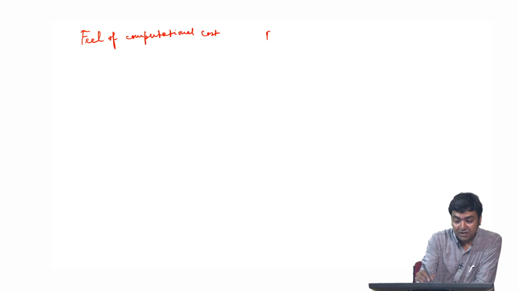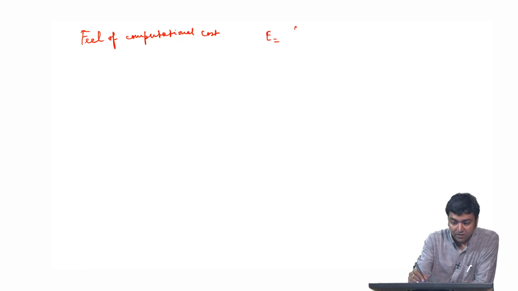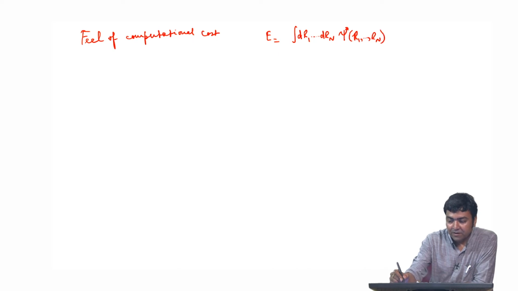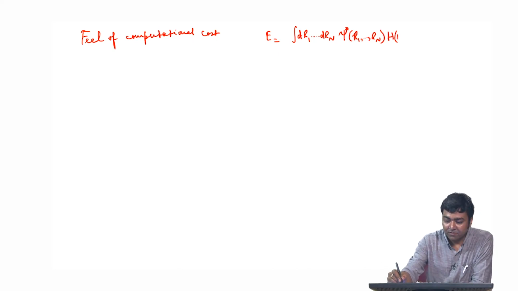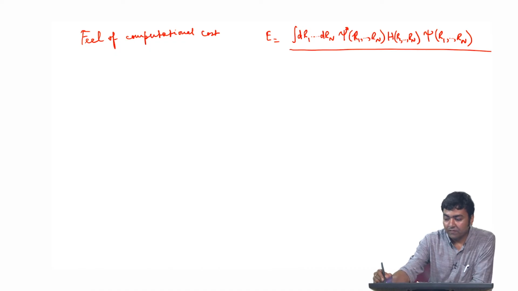We can write E equals the integral dr1 to drn of psi star, my wave function of r1 to rn, then H, which is a function of r1 to rn, and then psi of r1 to rn, and then we have the normalization below.